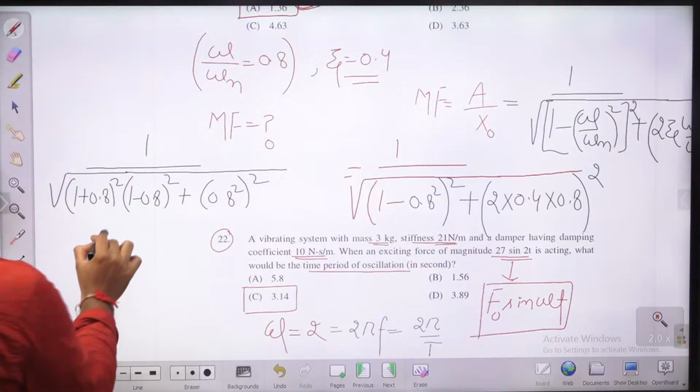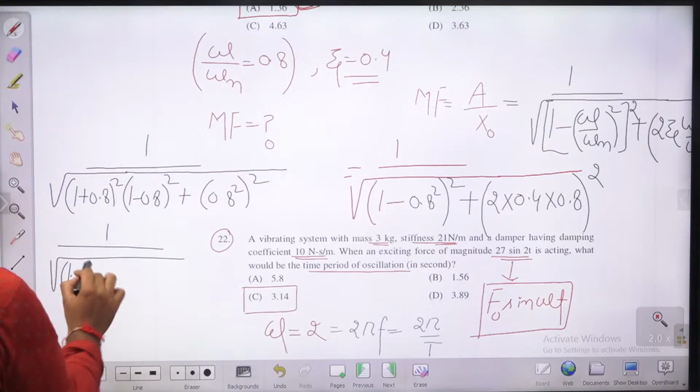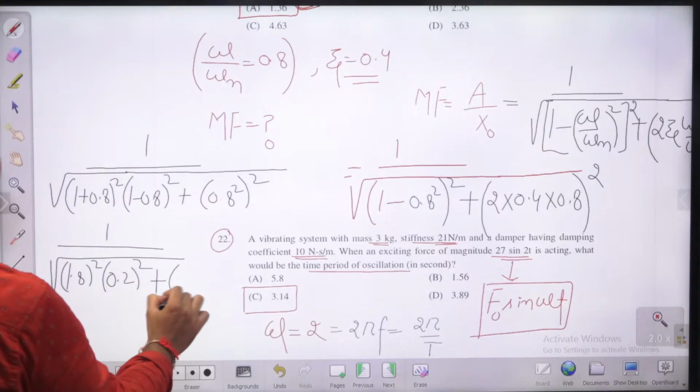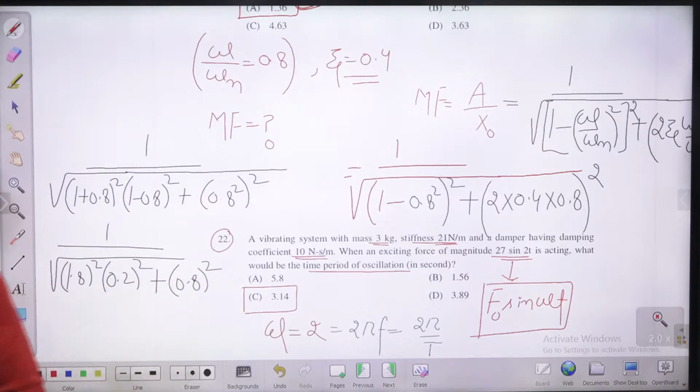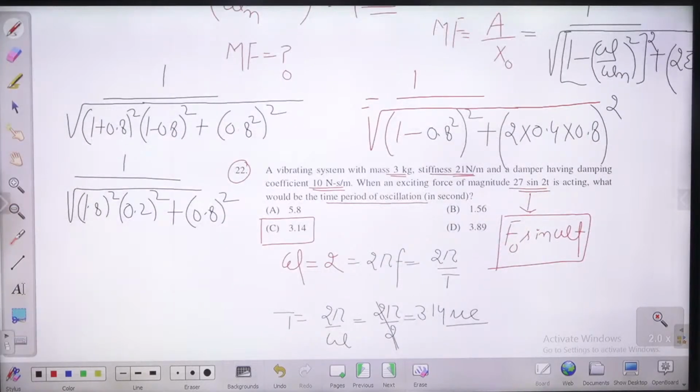Further, if you solve, this will give you under root 1.8 square into 0.2 square plus 0.8 square. Like this you need to try. Further, you will be able to reduce this, because you can write it as 0.36, and if you multiply, this will be 0.36 whole square.